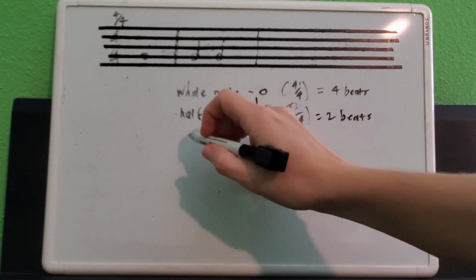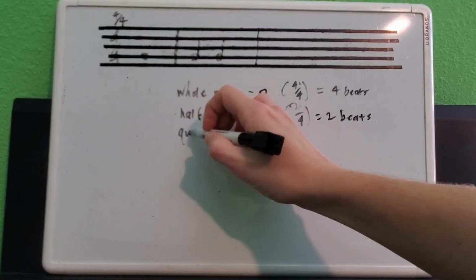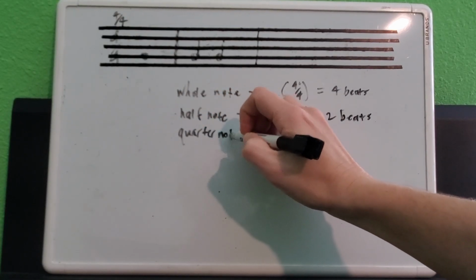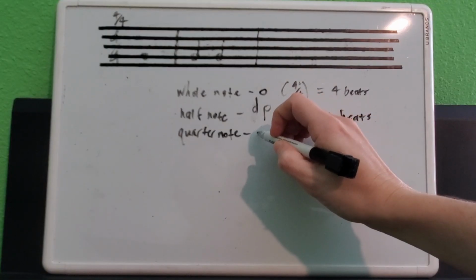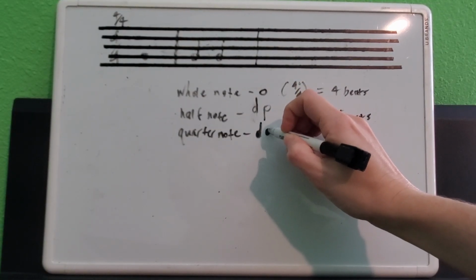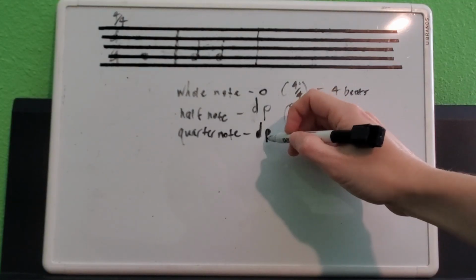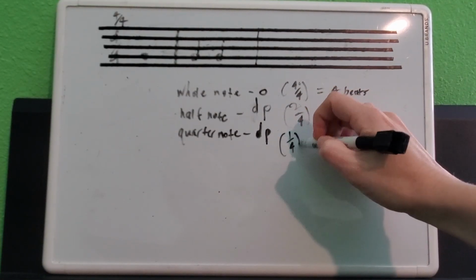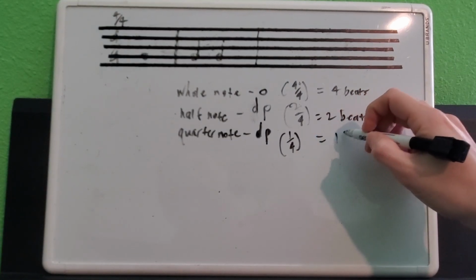Now we're going to quarter notes. Those look like half notes, but they are closed or filled in. Alright, so that's what they look like. They are each 1 beat long.